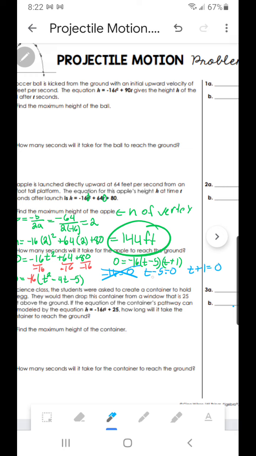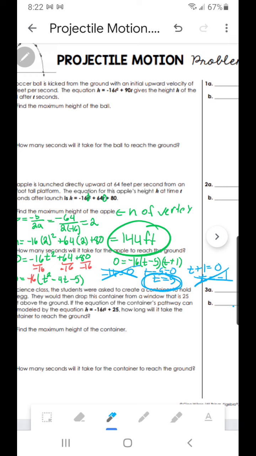When you solve the first one, you get t equals 5, and when you solve the next one, you get t equals negative 1. So which one is it? Will it take 5 seconds for the apple to reach the ground, or will it take negative 1 seconds? Some of you might be thinking, well, negative 1 seconds doesn't make sense. That's correct. Negative 1 seconds doesn't make sense. So the solution to my problem is t equals 5 seconds.